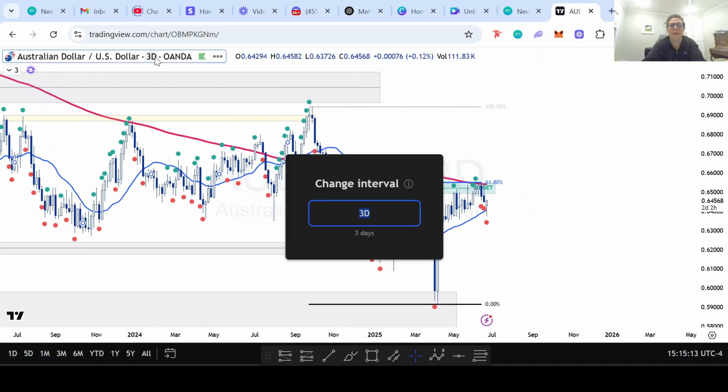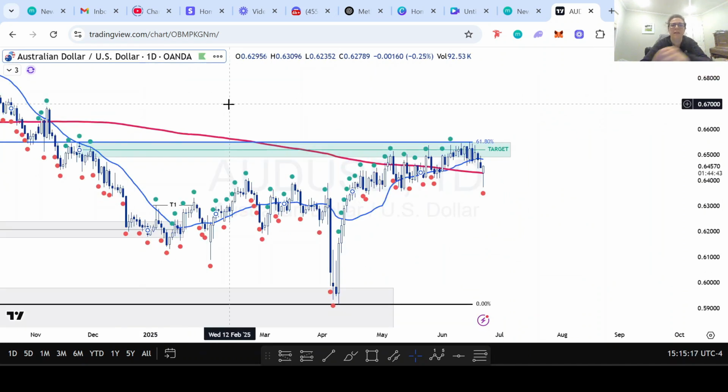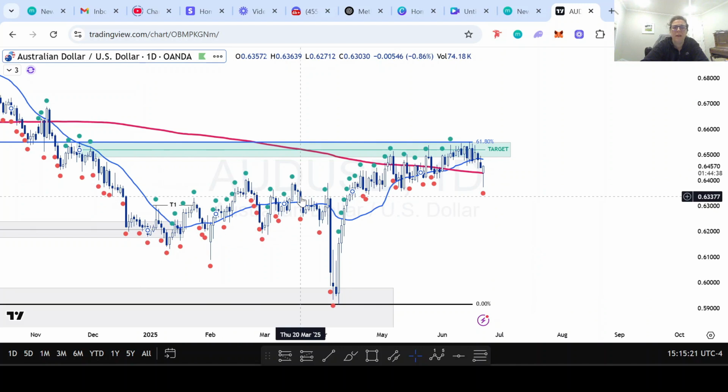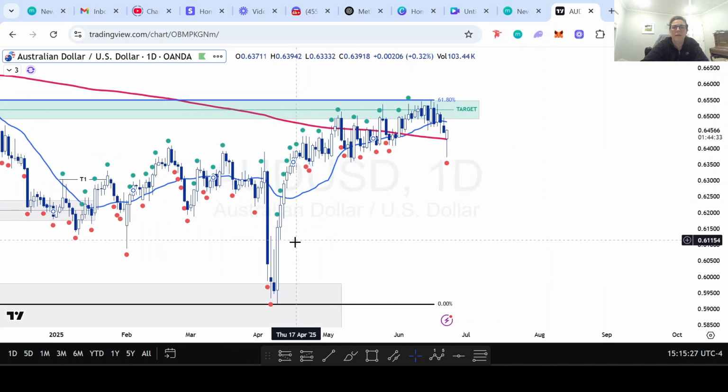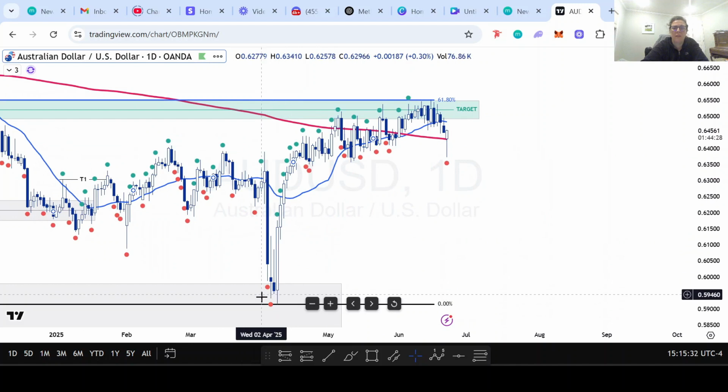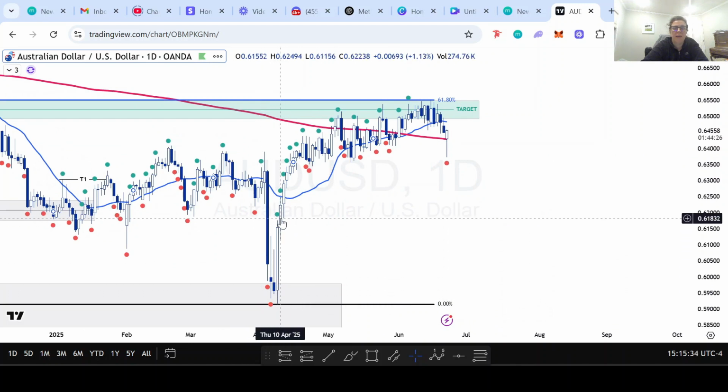On the 1-day, it's been pretty nasty. So this is where we took a few long entries, but ultimately also got taken out of a couple here. Since it dropped to the downside, grabbing liquidity down here, which was great, it raced pretty quickly back up, and then has been doing this horrible crabbing pattern across the 1-day 200 MA.